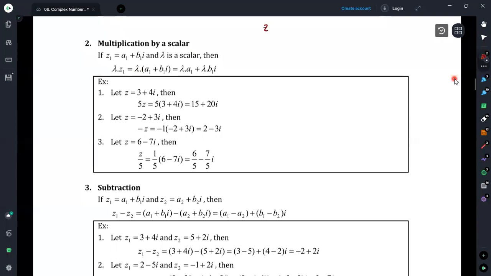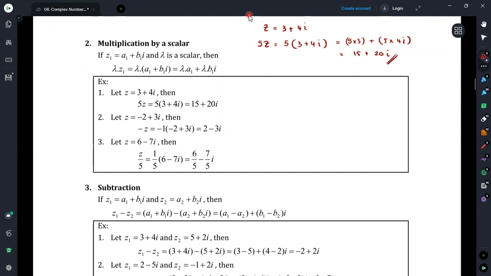If z equals 3 plus 4i, and we are asked to evaluate the value of 5 times z, we first write down 5 as the scalar and z as the complex number, which is given as 3 plus 4i. Now we multiply the real part separately with the scalar, so we get 5 times 3, then the plus sign, then 5 times 4i. Altogether we get 15 plus 20i.